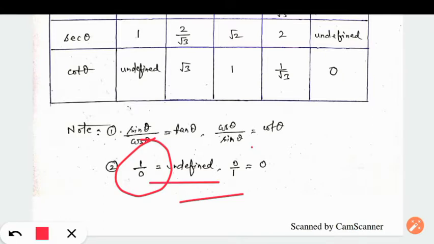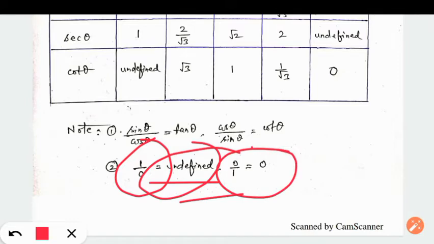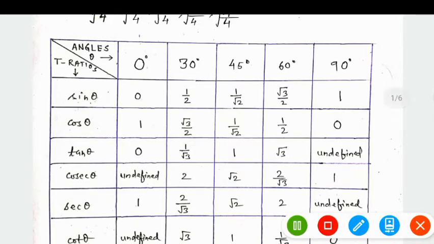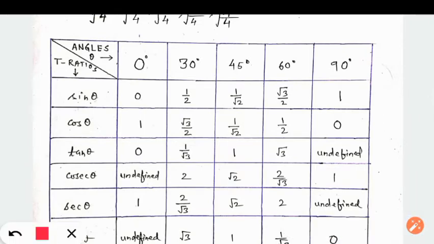And the reciprocal of 1 by 0 gives you 0 by 1, and 0 by 1 is 0. Okay, remember this. So now we know the values of sin theta, cos theta and tan theta when theta becomes 0, 30, 45, 60 and 90.